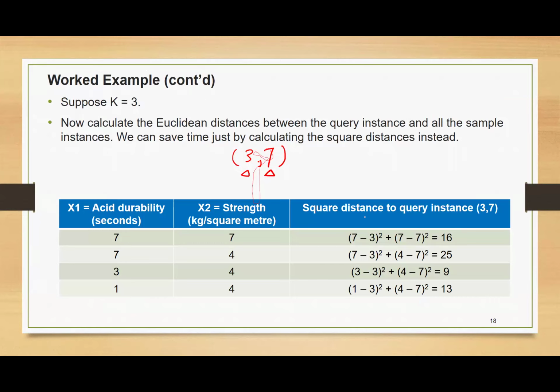So we calculate distance. The distance from the first sample is 16, second sample is 25, and also 9, 13. We have the distance from all the samples in the training data set.